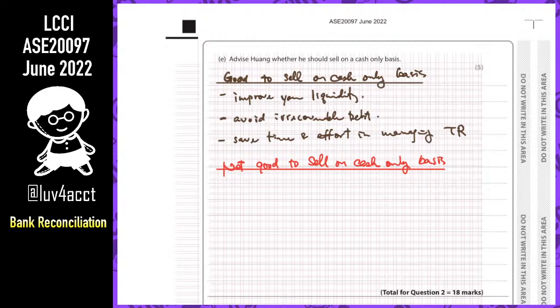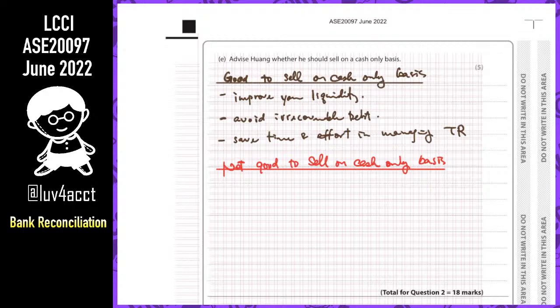It takes a lot of time, because if you are selling on credit, you have to agree with your customers your credit terms. You have to sell to them. You have to send them their invoice. You have to send them their monthly statement, and then you have to urge them to repay you. So much work. If it is by cash only, very good. I give you the goods, you give me the cash. Finish. Nothing else.